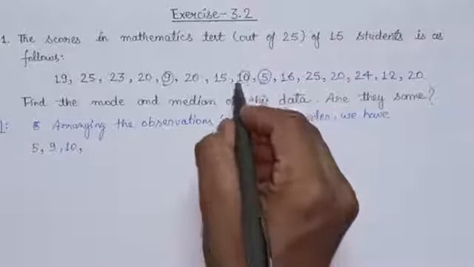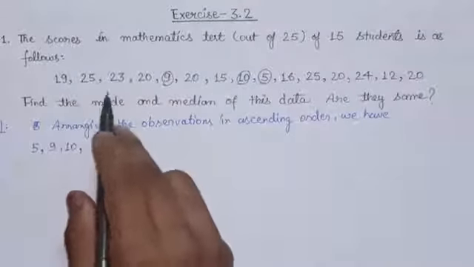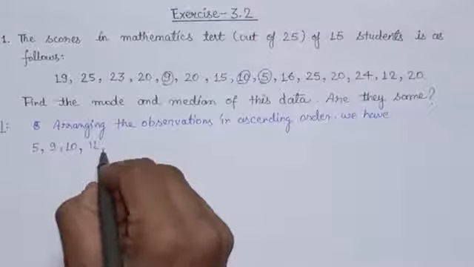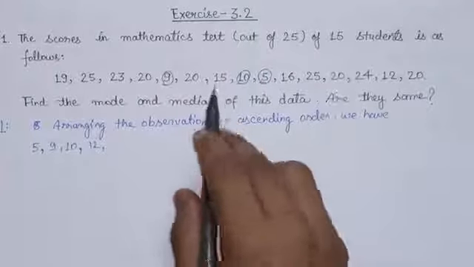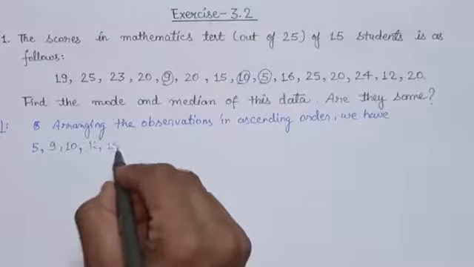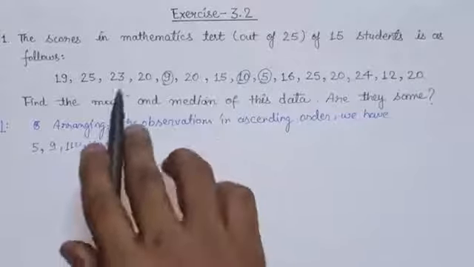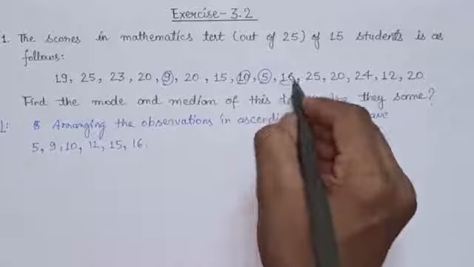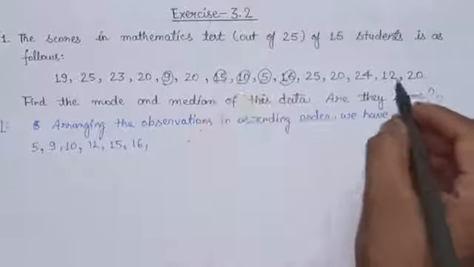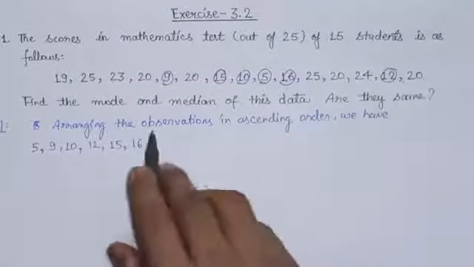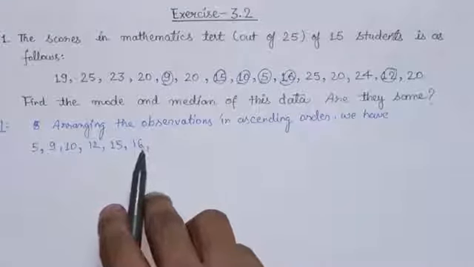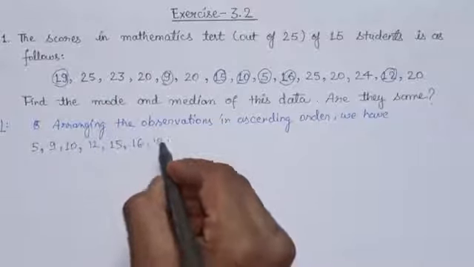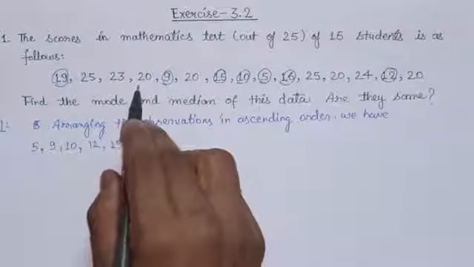After 10 you can see it comes 12, after that 15, and after that 16. 10 is done, 12 is done, and after 16 you can see 19, and after 19 you can see 20.